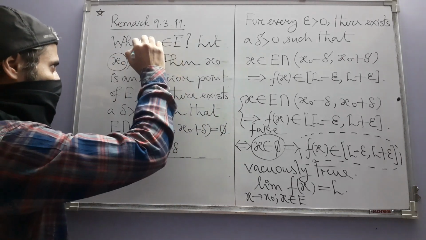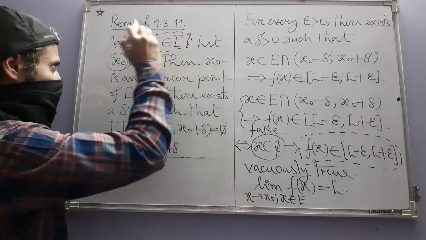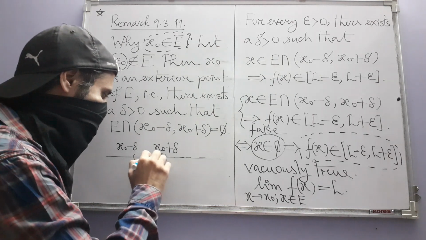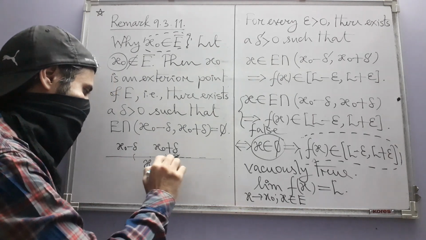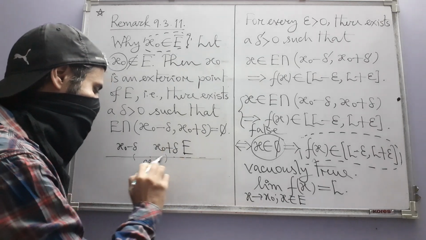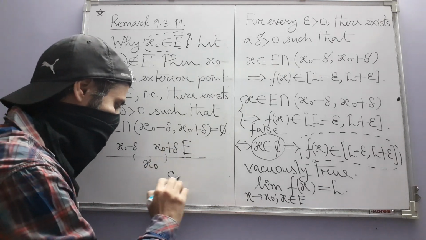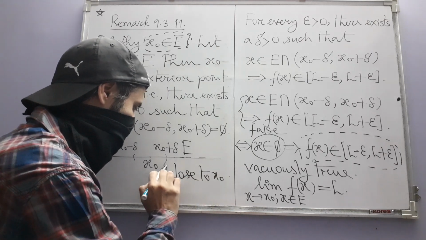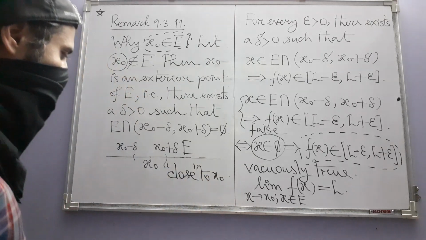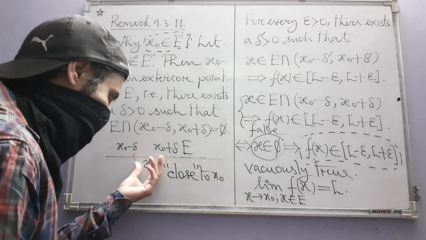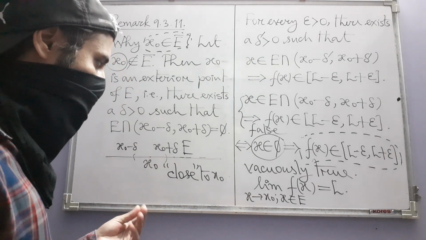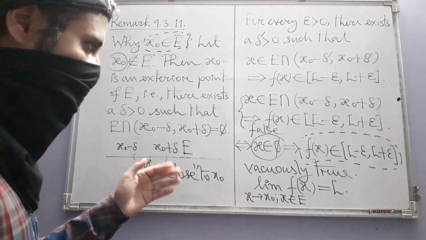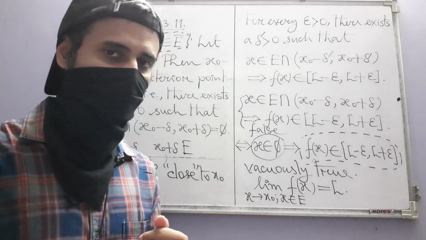This is the reason why we should take an adherent point. See, here there is no part of E that is close to x naught. We want things to actually be close to x naught and then see what happens to the corresponding functional values. Do they get close to some real number?